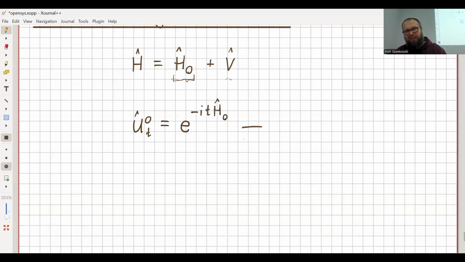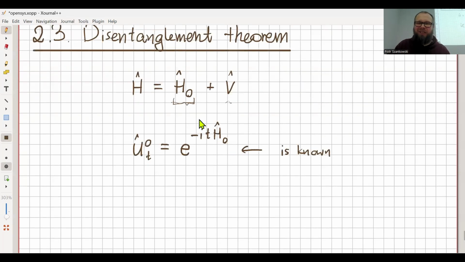So this is known, in the sense that we know how to calculate it. Maybe we have some analytical formulas. This is not mysterious. The whole Hamiltonian, well, that's a problem right now, but H0 is okay.